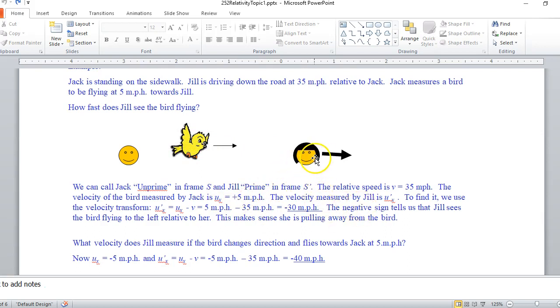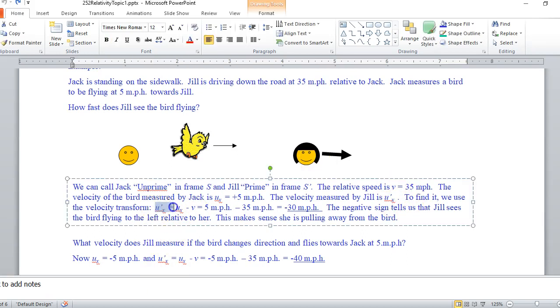Therefore, the velocity measured by Jill would be u prime sub x. Using the transformation equation, u prime sub x equals u sub x minus v, you get 5 minus 35, or negative 30 miles per hour. What's the negative sign tell you? That for Jill, the bird's moving to the left, because again, she's pulling ahead of the bird.